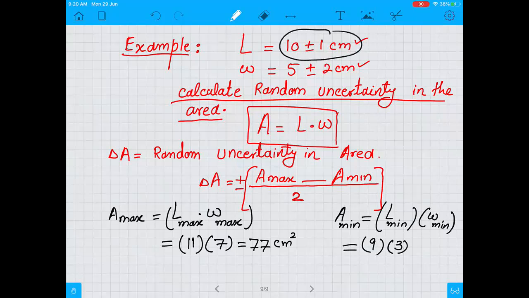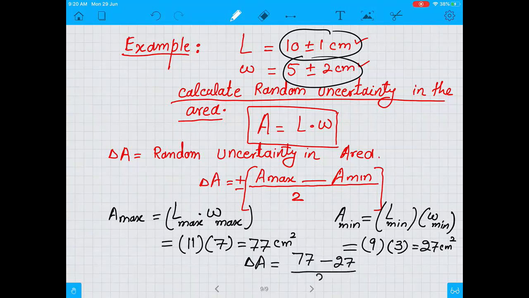So 10 minus 1 is 9, and 5 minus 2 is 3. It would be 27 centimeter square. Now the error in the answer for area would be 77 maximum value minus 27 minimum value whole over 2. So it would be 50 over 2 and the answer would be 25.